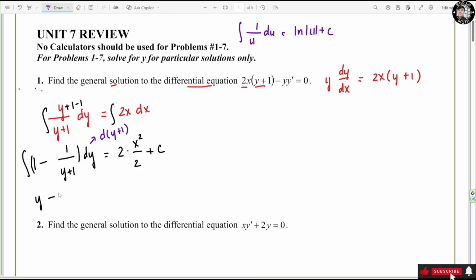So here you have ln absolute value of y plus 1 equals, the 2 and 2 cancel out, x squared plus c. This is the final answer. You cannot rewrite this as a single y.